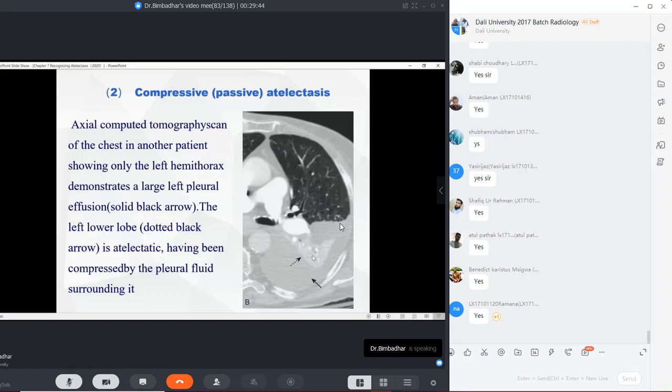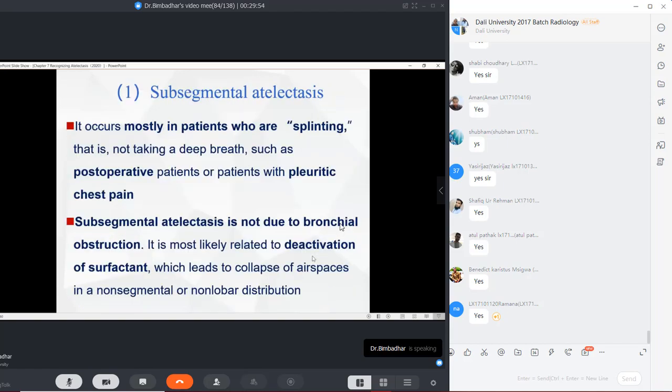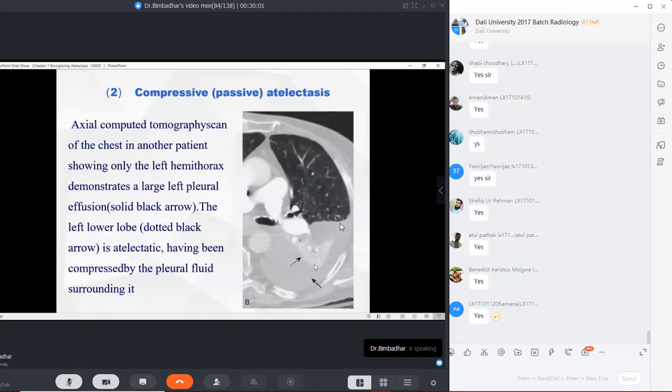This is not discoid atelectasis. Discoid atelectasis actually happens because of the deactivation of the surfactant. But this one is not. It is happening only because this one large pleural effusion is taking up the space of the lung, so that is the reason it is compressed.